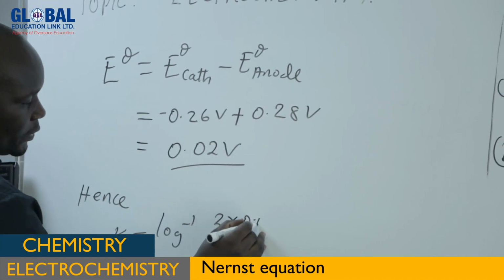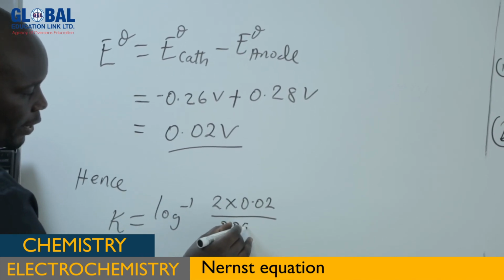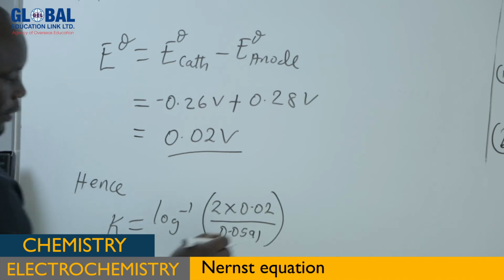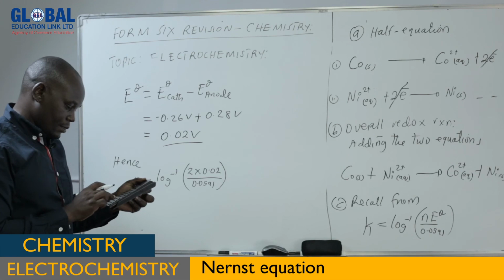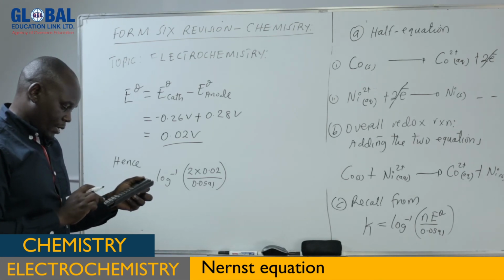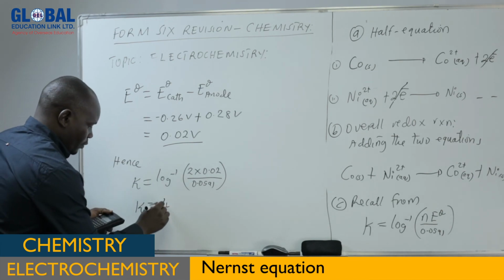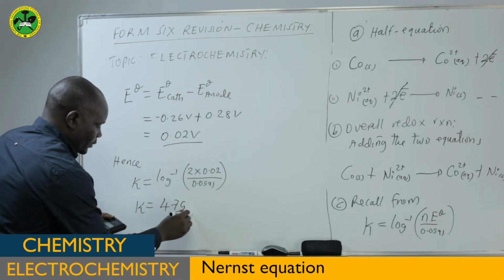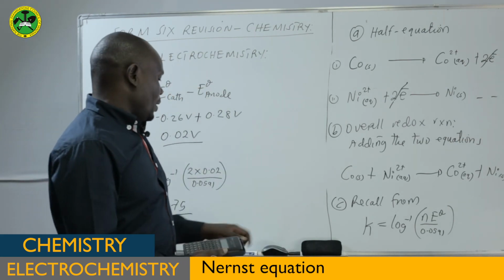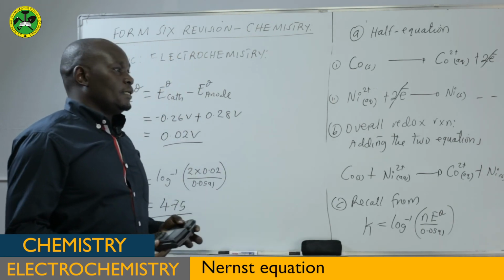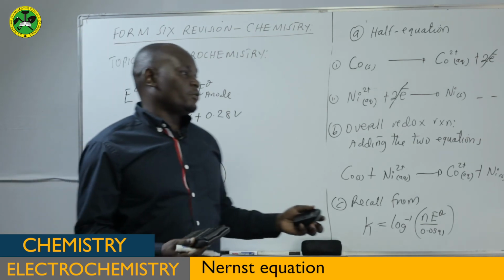Take 2 times 0.02 divided by 0.0591, then take the log inverse of your answer. You'll get K equal to 4.75. So that will be the equilibrium constant of our cell. So now from that equation, it means that you have obtained the equilibrium constant that you were asked.